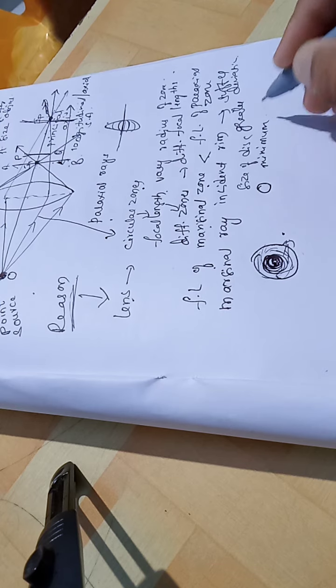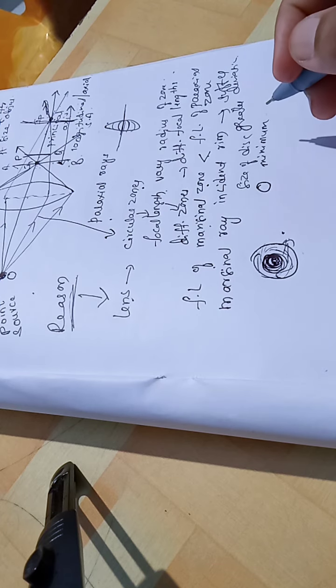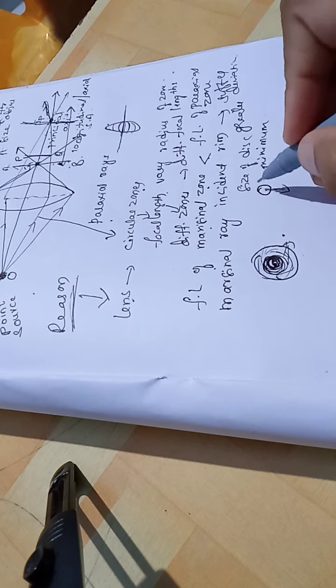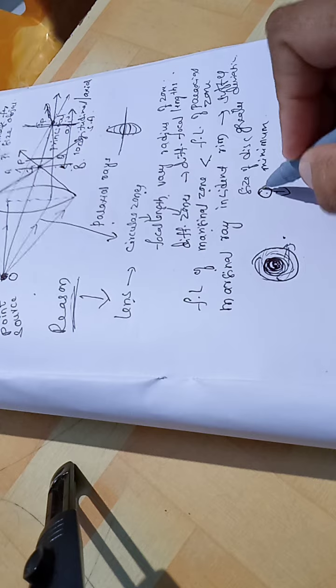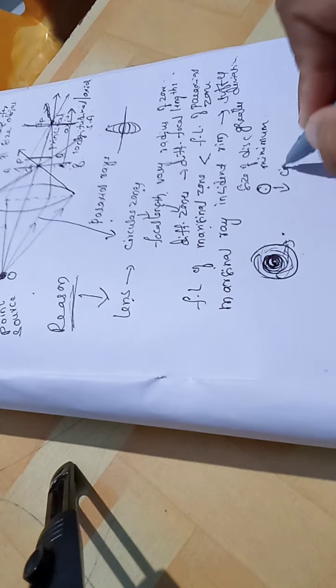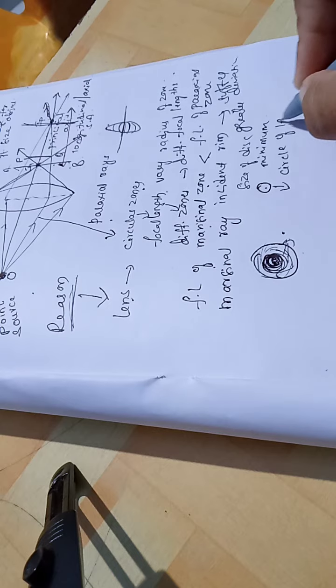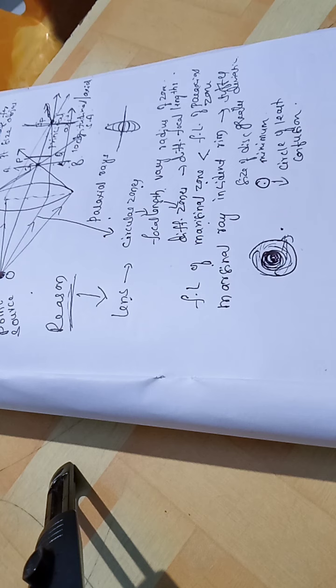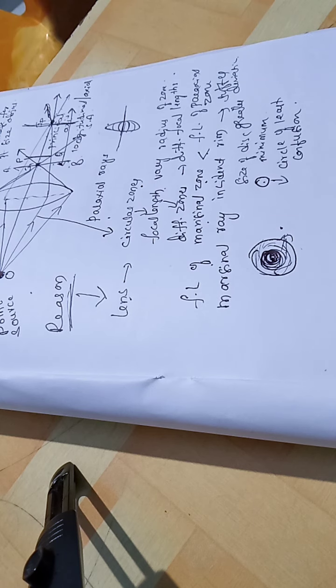The size reduces at PQ. Now at this position, this circular disc, due to its smallest cross section, we call it the circle of least confusion.